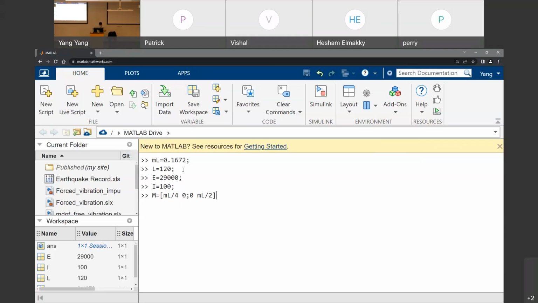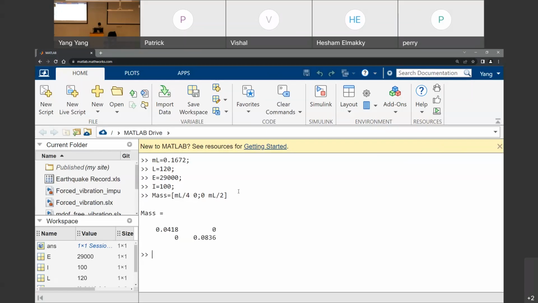So this is the mass matrix. You may use any symbol. So that's the mass matrix. So any questions up to here? You just input some variables and get it, and now we use the K.